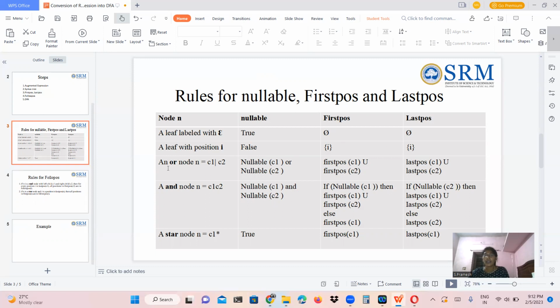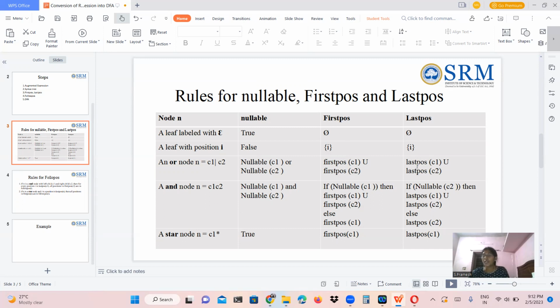The third rule is when my node is in the OR format. My node n has a left child C1 and a right child C2, and the operator symbol is OR. In that situation, nullable is nullable of C1 or nullable of C2. For first position, you take the union of the first position of the left child and the right child: first position of C1 union first position of C2.